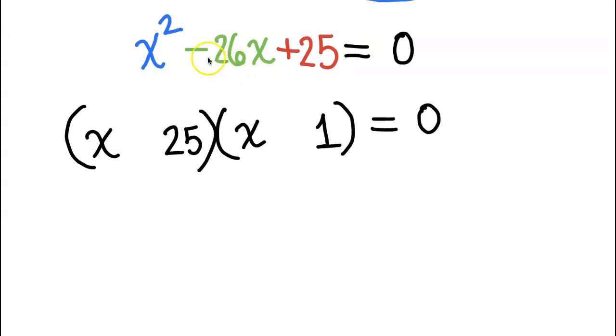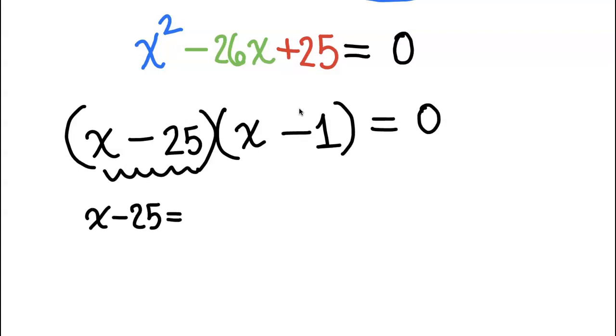But if you want to add them and get negative 26, both the 25 and 1 must be negative. So now, when you're solving this, you're going to set x minus 25 equal to 0 to get the first possible solution to be x equals 25.